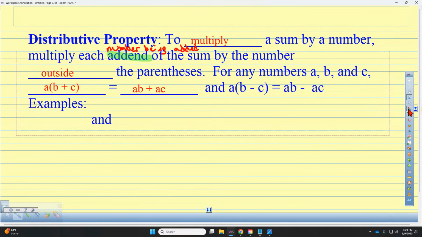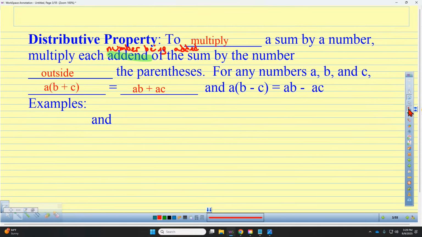So let me give you a couple of examples here. We have 2 times the quantity 5 plus 3. That would be equal to 2 times 5 plus 2 times 3.